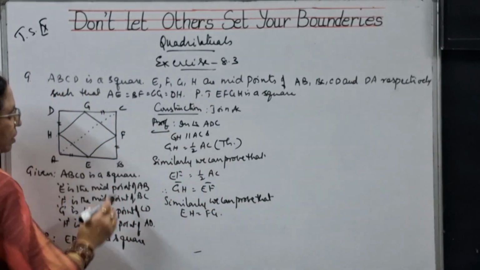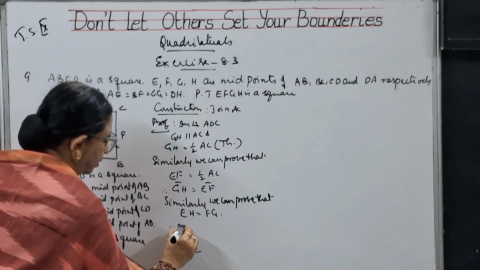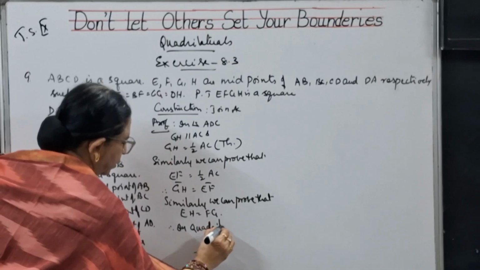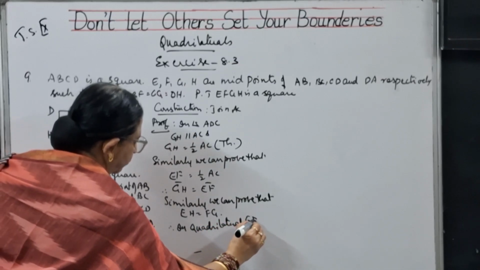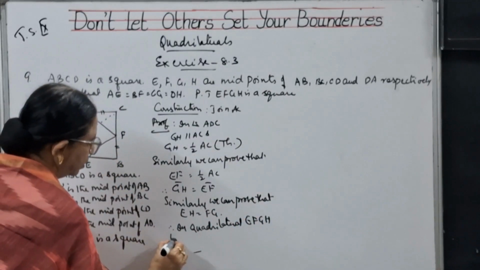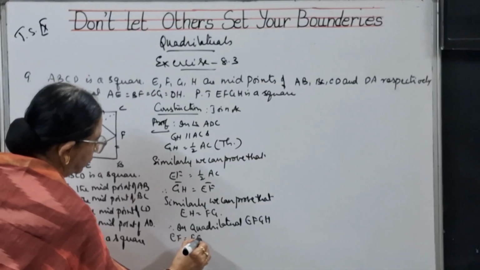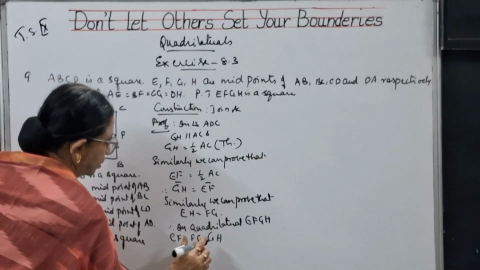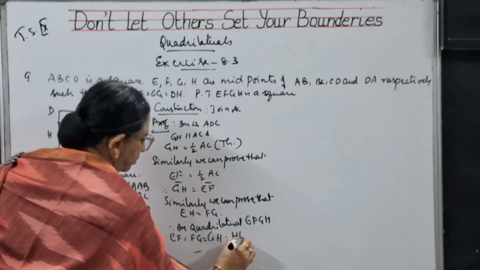So therefore in quadrilateral EFGH, EF is equal to FG is equal to GH is equal to HE.